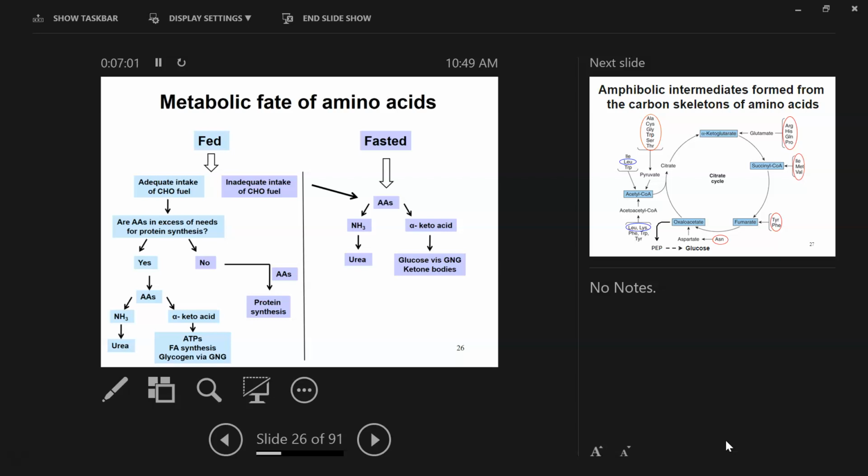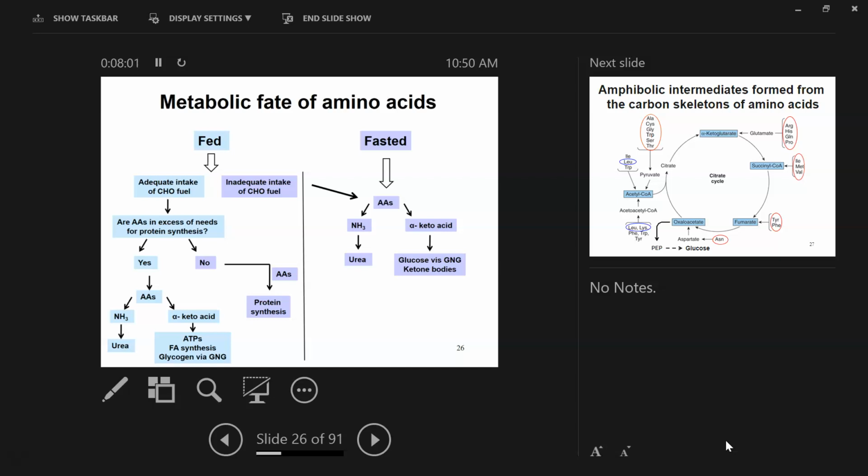For example, under the fed condition, if we have an adequate intake of carbohydrate, which means we have enough calorie intake, then it also depends on whether amino acids will be catabolized or used for anabolism. If we have enough amino acids for protein synthesis, then the amino acids will undergo catabolism, right?